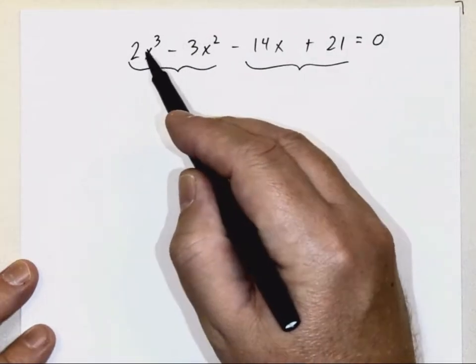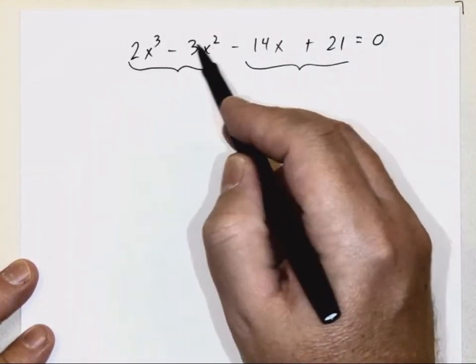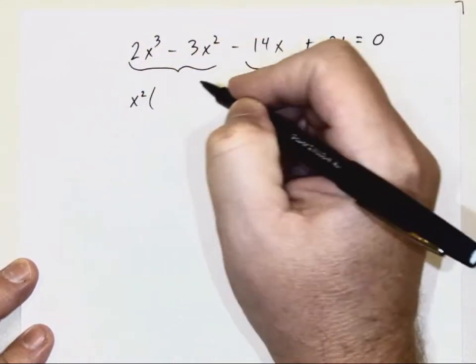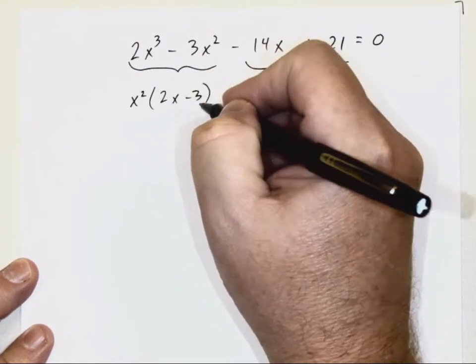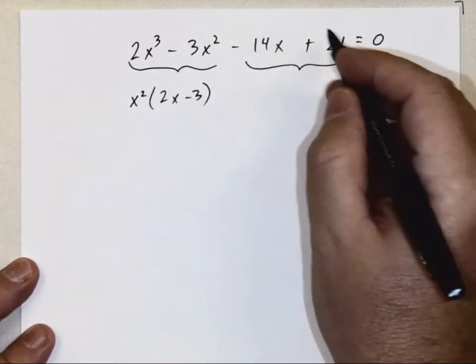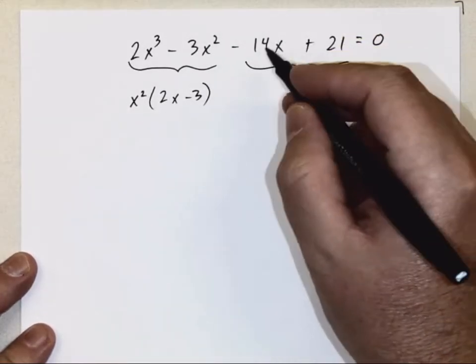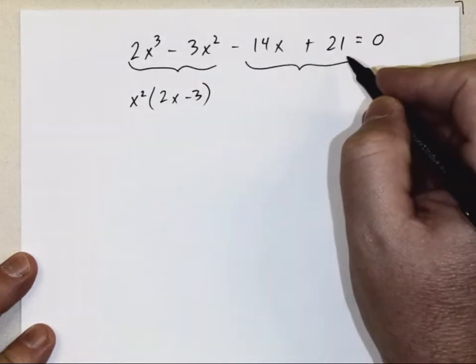So what I do is I take these first 2 terms, and I'm going to look for a GCF. In this case, there's a GCF of x squared. So I'm going to pull out the GCF, and I end up with 2x minus 3. And then I look at the second 2 terms, and I say, what's the GCF there? And it looks like it's going to be 7.